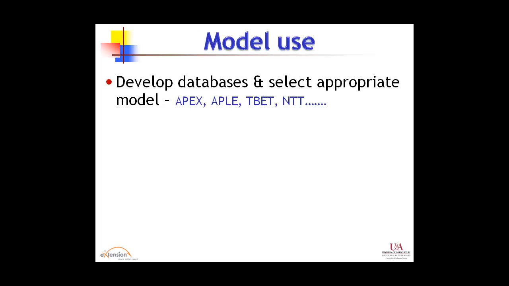We do have some field data, but when we start to look at getting the field information to calibrate or to assess that index, we try not to use the word validate because we don't feel like it's per se a model. But one approach that we're probably going to have to use is models. APEX, Apple, TBET, they're all different acronyms that some of you are probably familiar with.